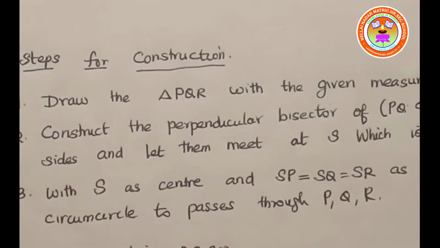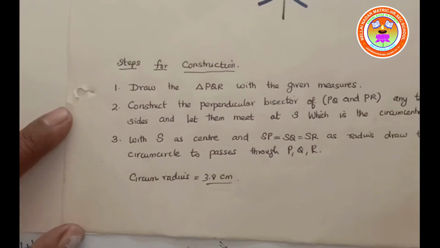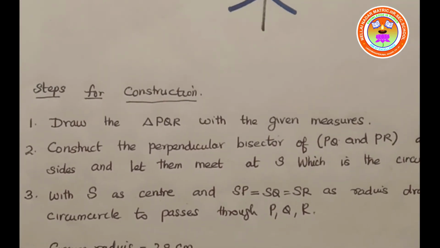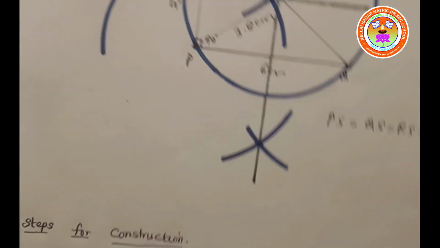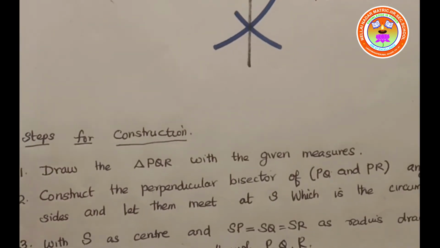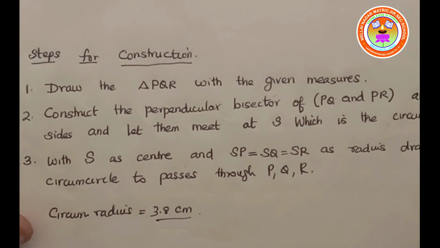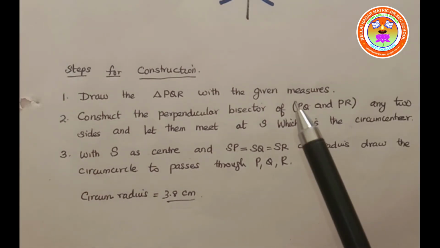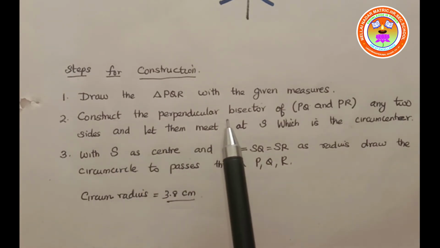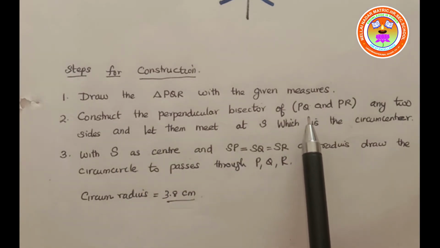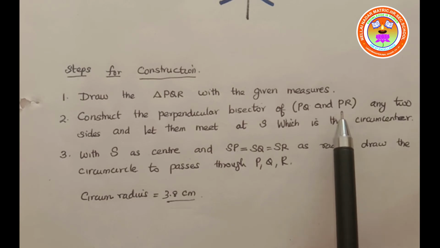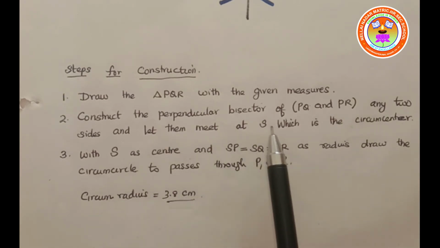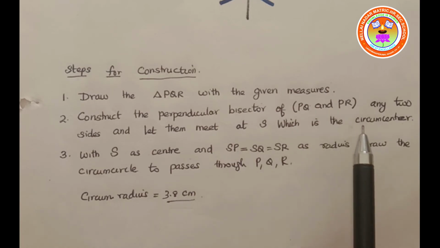After that you have to write the construction for this. Right, first step is draw the triangle PQR with given measurement. Construct the perpendicular bisector of PQ and PR, any two sides, and let them meet at S, which is the circumcenter.